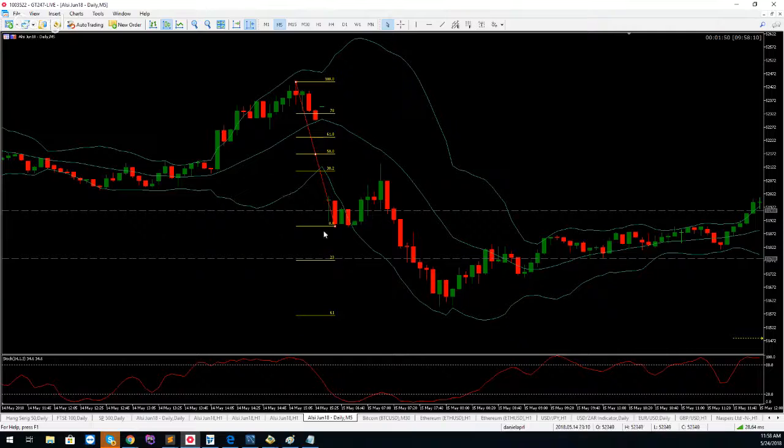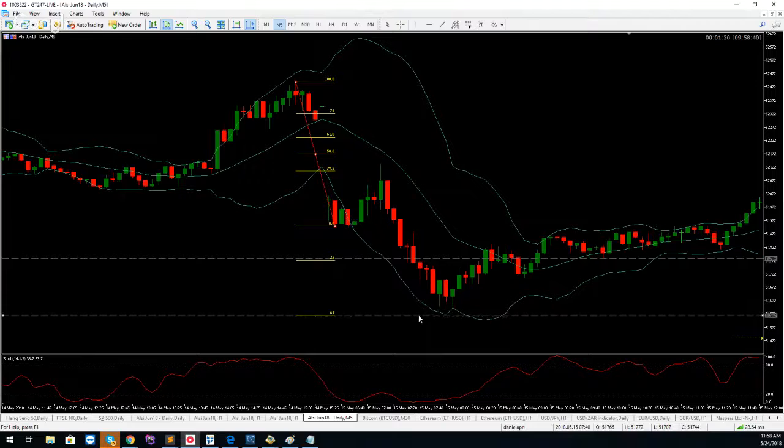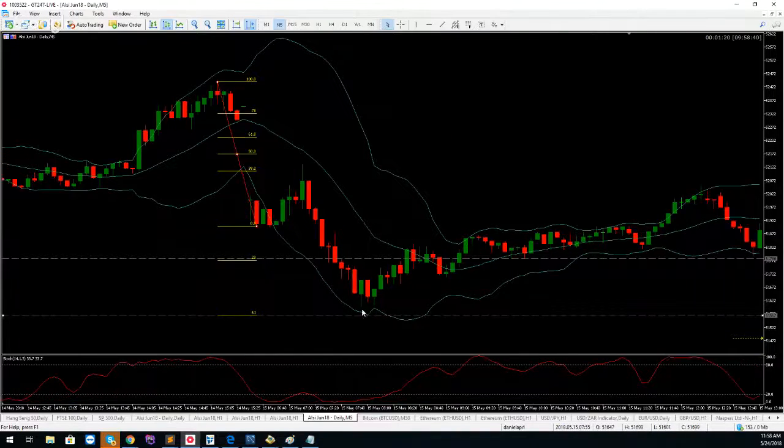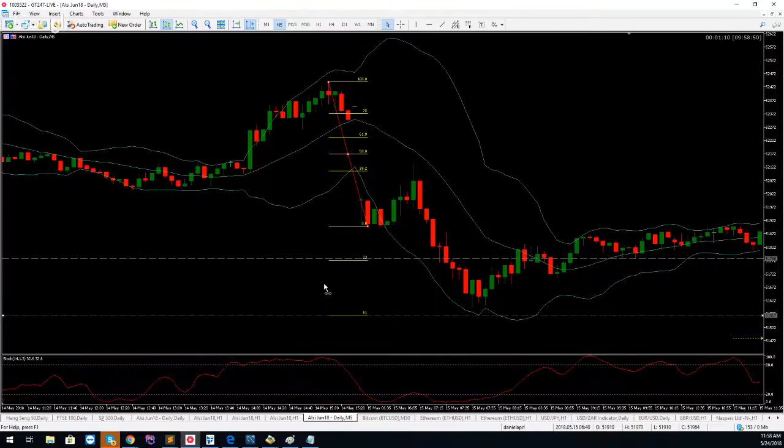So what is happening here? We would have checked FIBs. FIBs pulls back 38. We would have launched our trade here at the breakout. First target 23. Second target 61. Now, in this case, it didn't reach 61. Okay? It stopped just short of 61%, like a couple of points, which does happen.